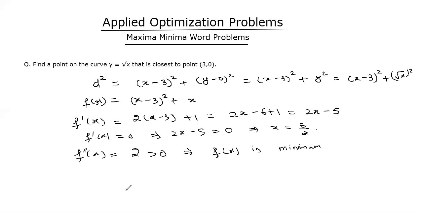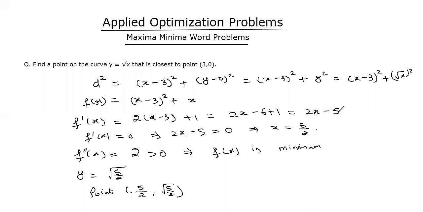Because x is 5 by 2, the value of y is the square root of that number, root of 5 by 2. The point on the curve at least distance from the point (3, 0) is (5/2, root 5/2).